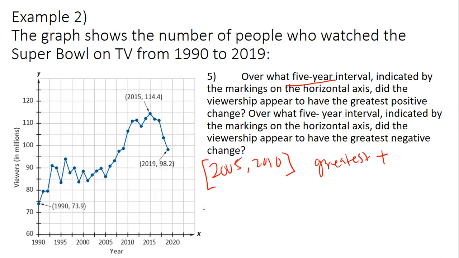We don't have 2020 data, so we can't use 2020. 2014 to 2019 throws us off, that spike. I think it's going to be this up and down here, from 2000 to 2005.